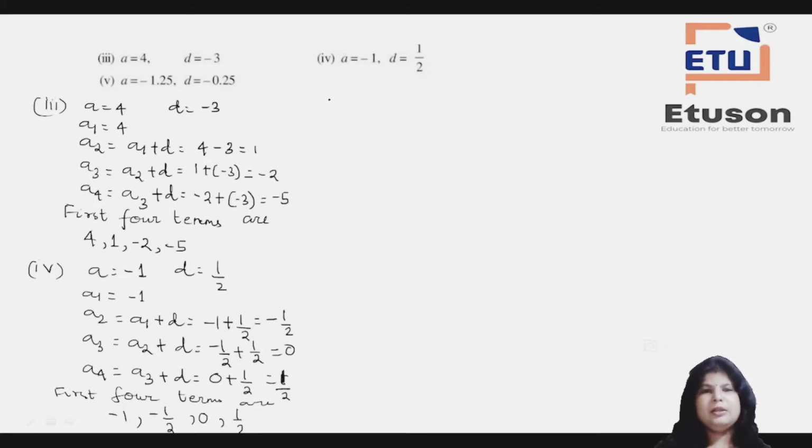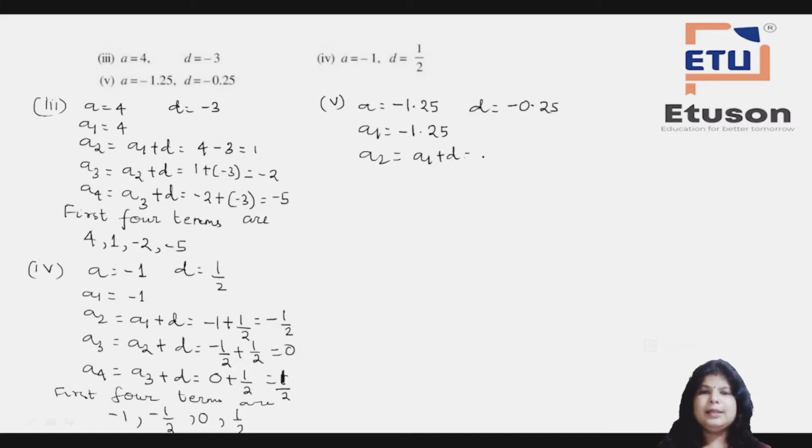Correct or not? Now let us do bit 5. So your A is equal to minus 1.25, D is equal to minus 0.25. So your A1 will be equal to minus 1.25 and A2 will be equal to A1 plus D, that is minus 1.25 plus minus 0.25, that is equal to minus 1.5.